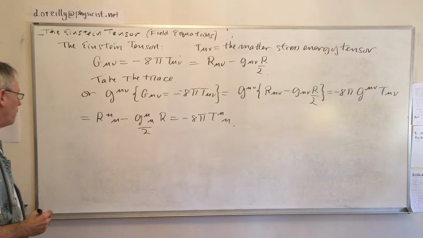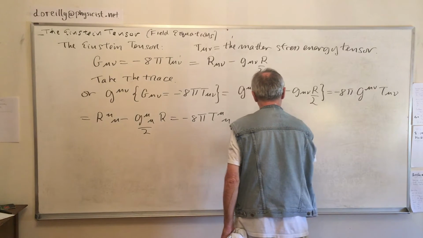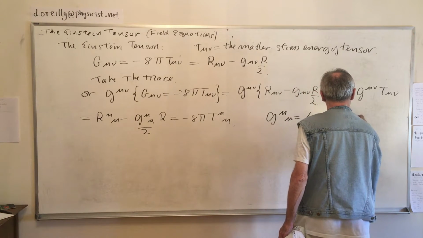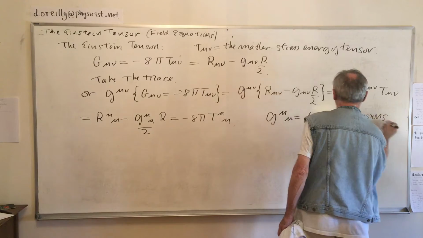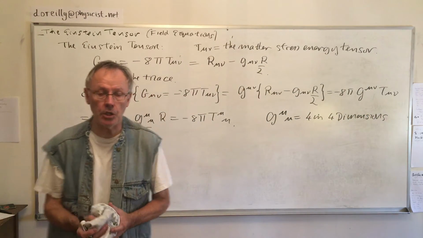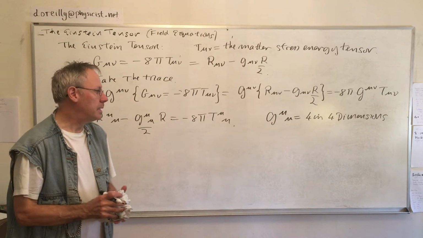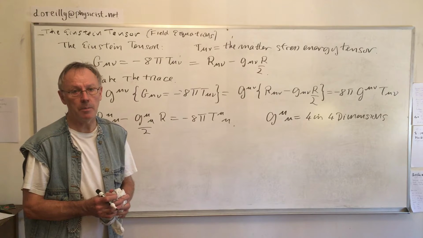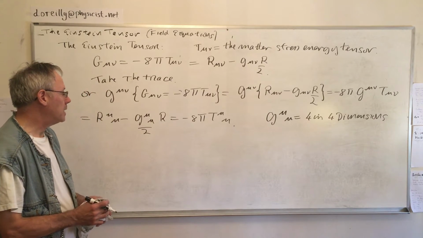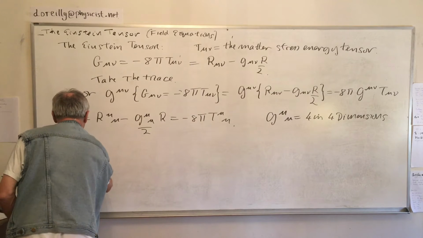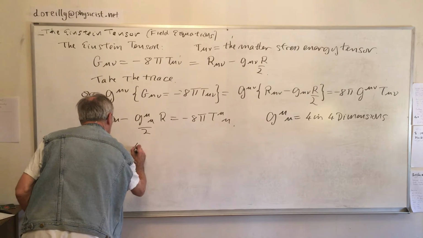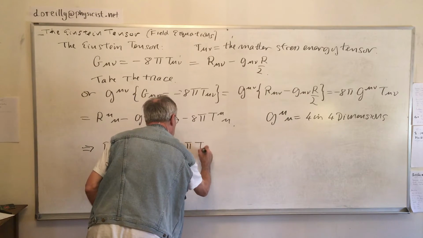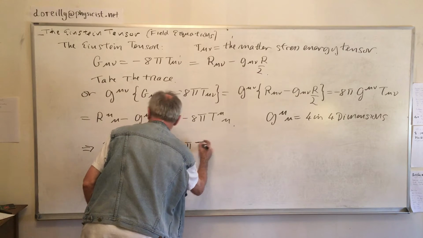And the mu's are summed over. Now the trace of g mu nu is 4, in the special case when our space-time is 4-dimensional, which is what we play around with in general relativity. It could be 5 if you're doing Kaluza-Klein, but for our case, 4 is the dimensionality. And the trace of this we just write as T.